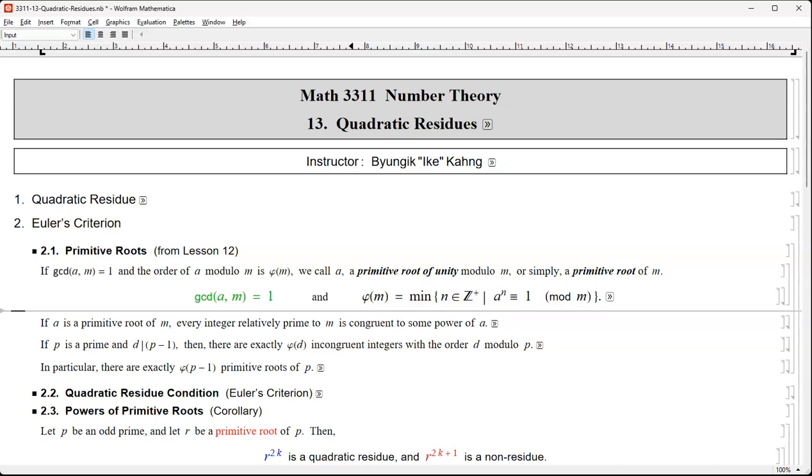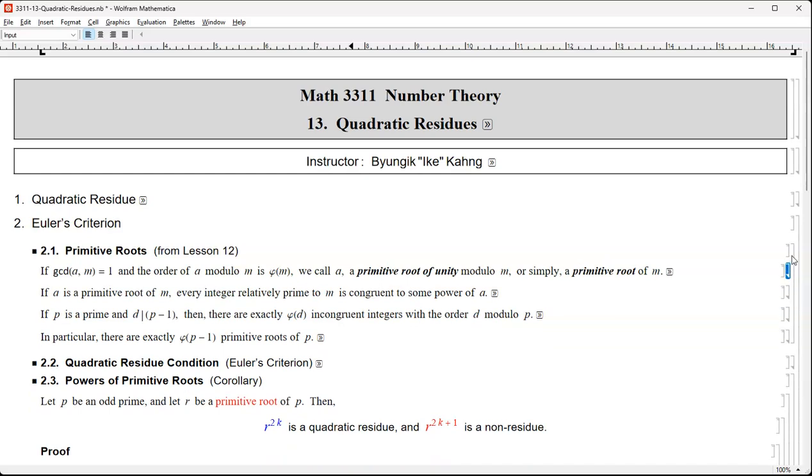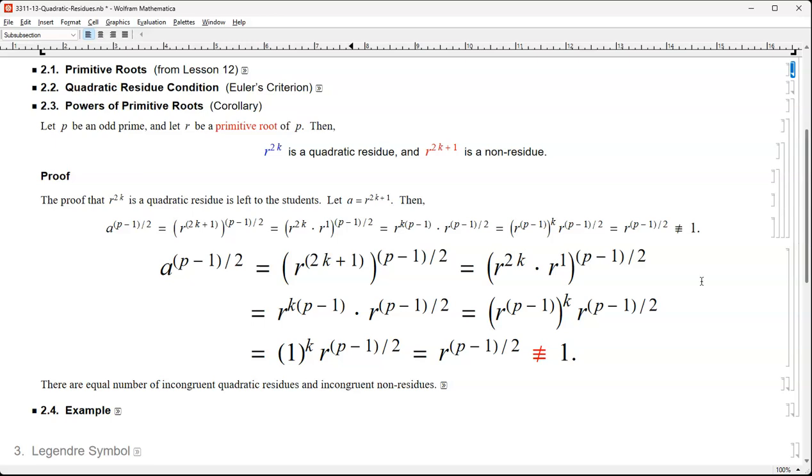That's a condition for primitive roots. Remember, we are doing modulo prime, so all m's are translated into p. So we want phi of p, which is p minus 1. Here, instead of p minus 1, we have only half of that. And this is primitive root, so this should not be congruent to 1.